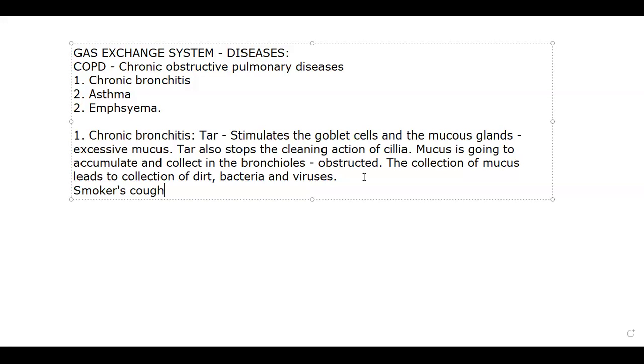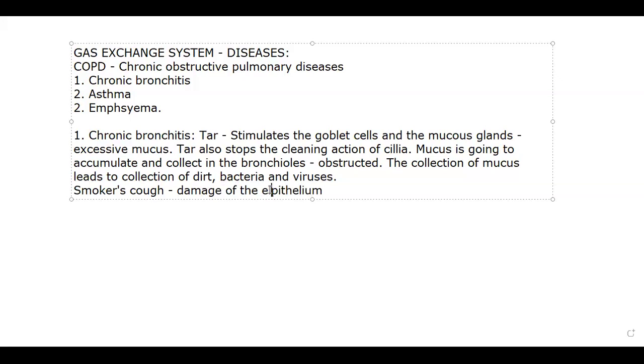Now, what happens is this constant coughing, because this is a chronic disease, it's not something that happens for a few days. This is something that the patient will come and say, we've had this for like 10 years, right? So what's going to happen? The constant coughing is going to lead to damage of the epithelium. Epithelium is the topmost lining, or the outermost lining.